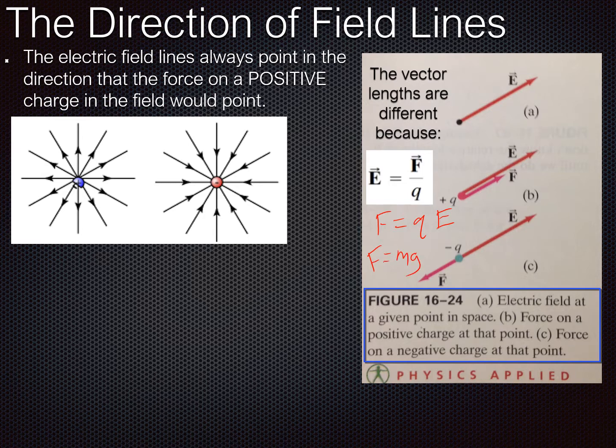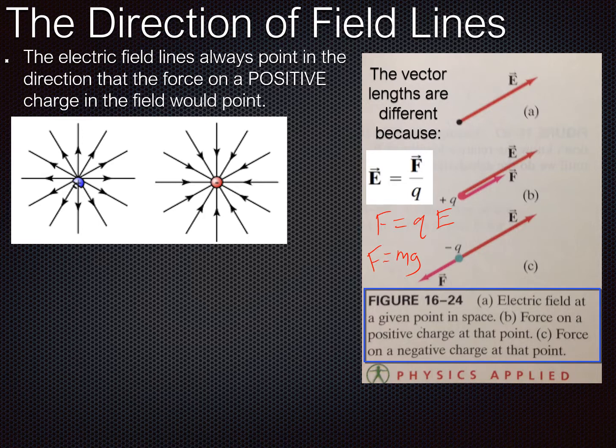The gravitational field, that's g, is pulling upon masses to give them a gravitational force. Well, in the same way, we have an electric field E that is pulling or pushing on electric charges, that's Q, to give them an electric force, that's F.